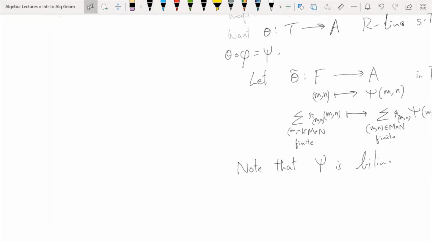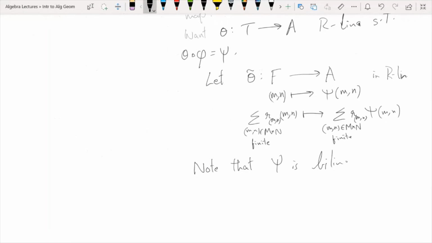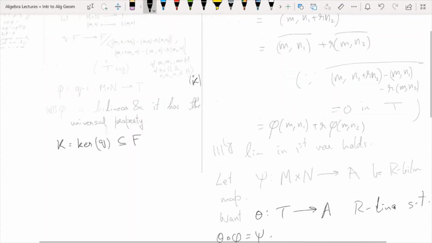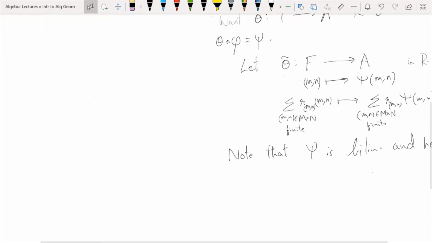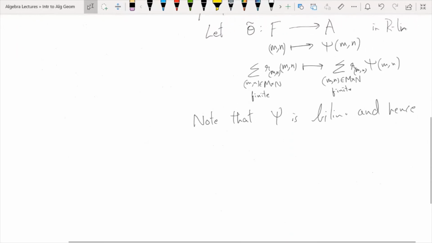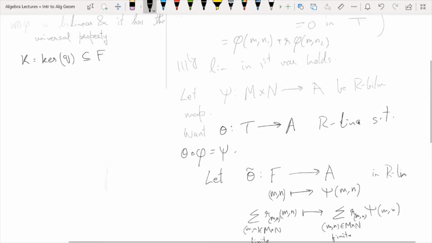Okay, so note that C is bilinear and hence, if you take any of these generating elements, K is the submodule generated by these. So if you take any of these elements of K, the generators of K, then note C of these kind of elements.